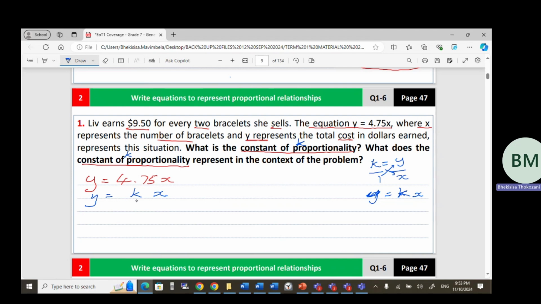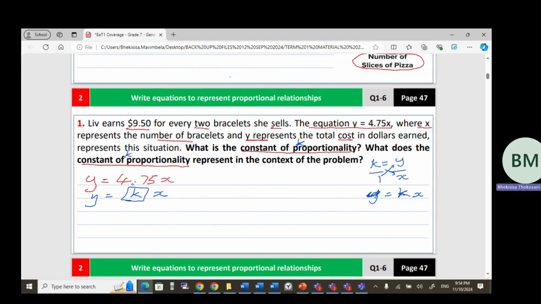So which is my k here in this one here? So I can see that this is k. So if this is k, it means that this number here is my k. So I can simply then say that the constant of proportionality here is, so k is equal to 4.75.